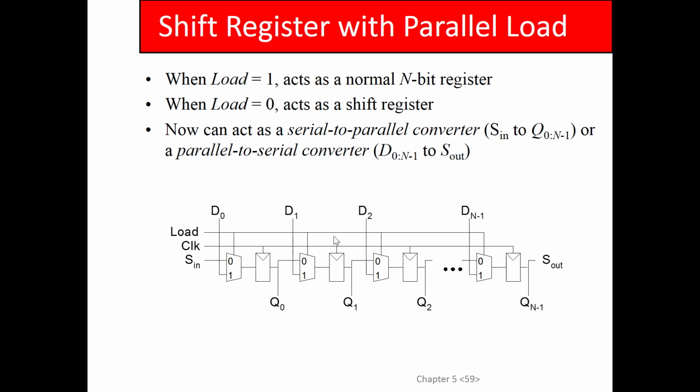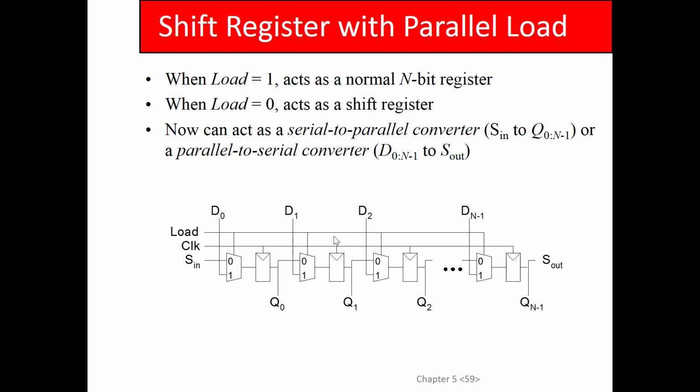You can also create a variant of this with a parallel load where you add a mux to the input of each flip-flop, and that mux selects between getting the next input of each flip-flop from the previous flip-flop to the neighboring flip-flop, or you can have another option. Option 1 is being able to initialize all of the bits in the shift register in parallel in one cycle through the other input on the muxes.